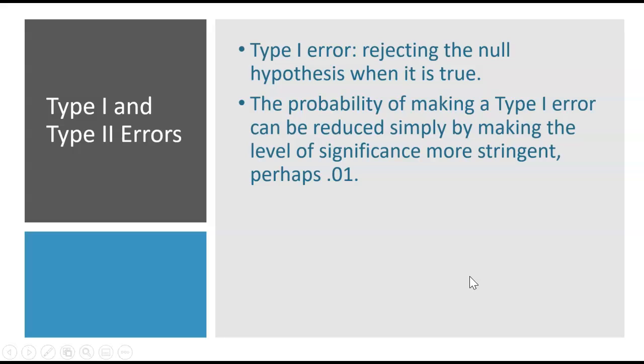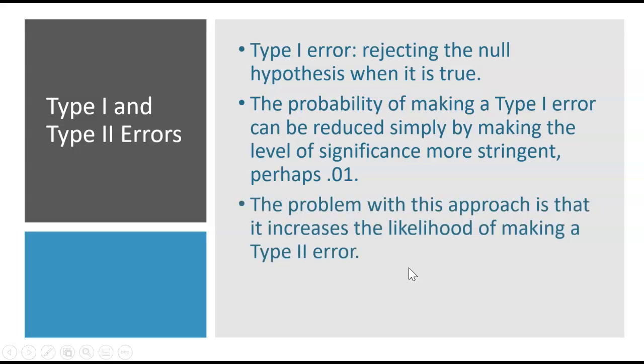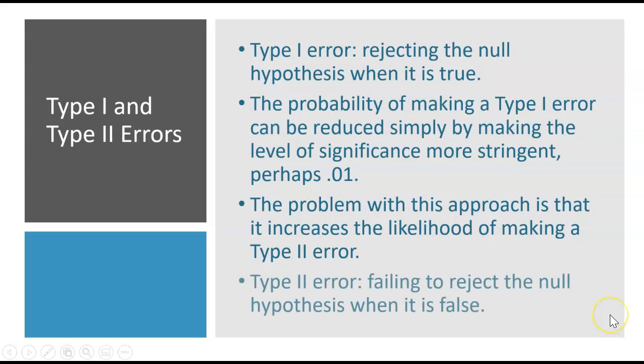Now you could make it more conservative by having, instead of a 0.05 level of significance, a 0.01 level of significance. The problem, though, is if you just adopt a more conservative significance bar, then that is going to drive up your possibility of making a type 2 error, which is missing an effect that was real.